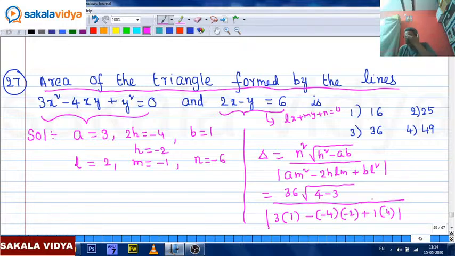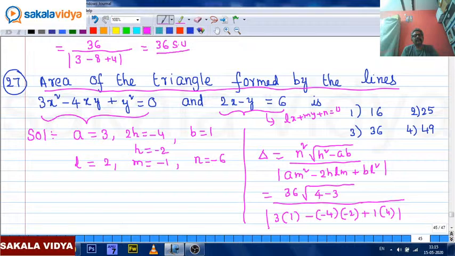So you need to simplify this one. So this equals 36 root 1 upon mod 3 times 1 minus, minus 8, because minus 4 into minus 2 is plus 8, and minus 8 plus 4 will be mod minus 1, so 1 only. 36 by 1, 36 square units. That means third option is the right option.